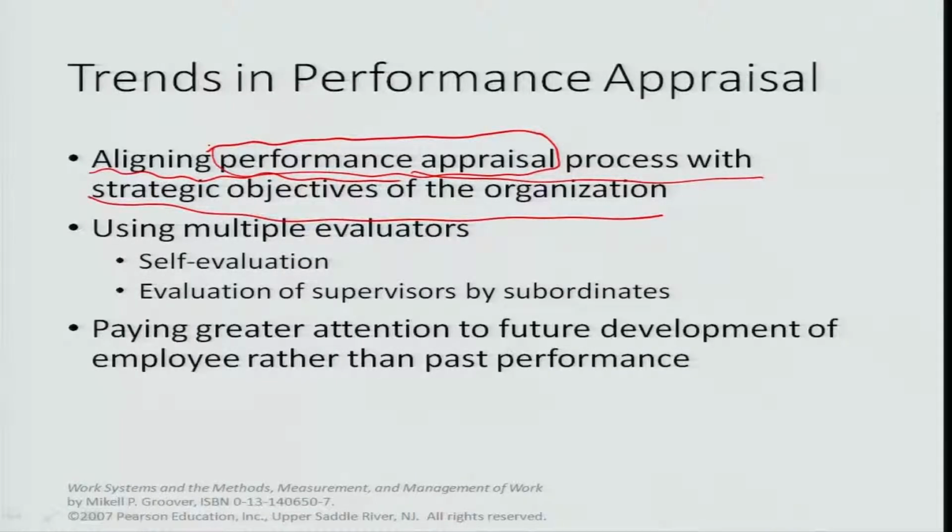Also, just because of the intuition or the judgment component which is involved between an authority and a reporting subordinate, there is always a chance of error, and so it may be a good idea to include multiple evaluations, multiple evaluators. It could be a self evaluation done by the employee, and then the evaluation of supervisors by the subordinates.